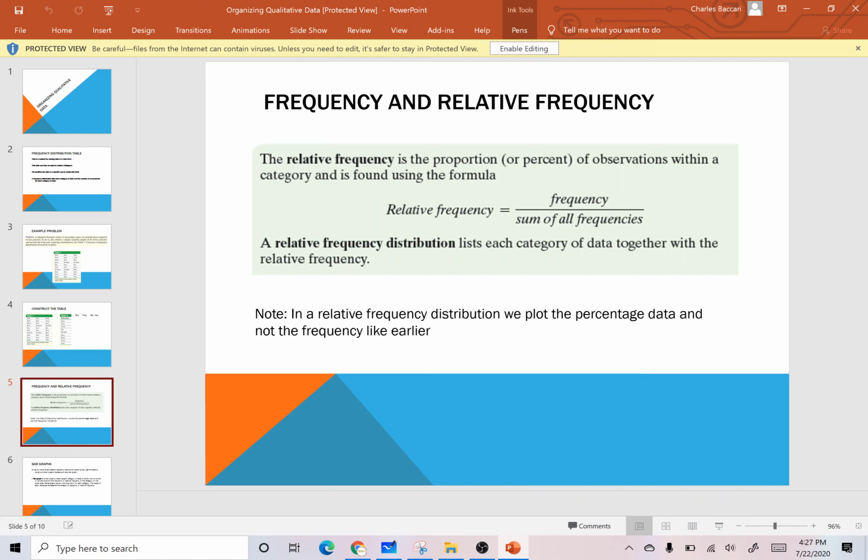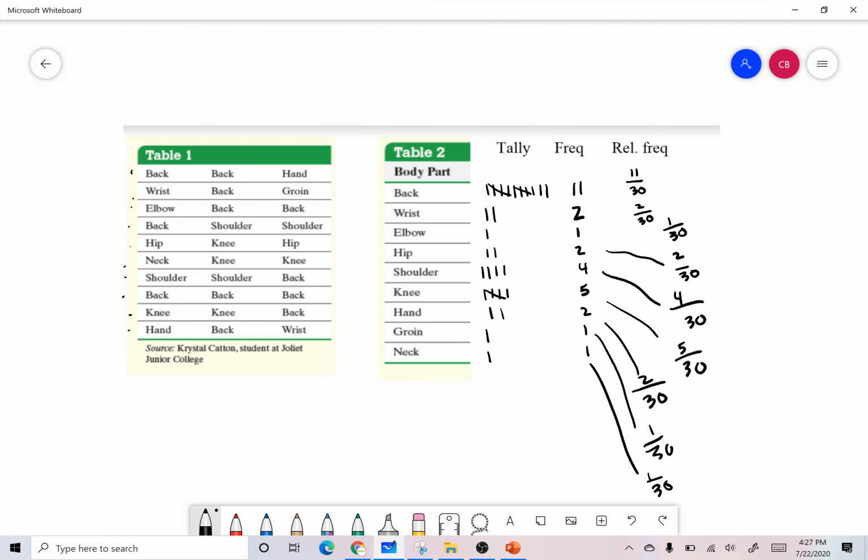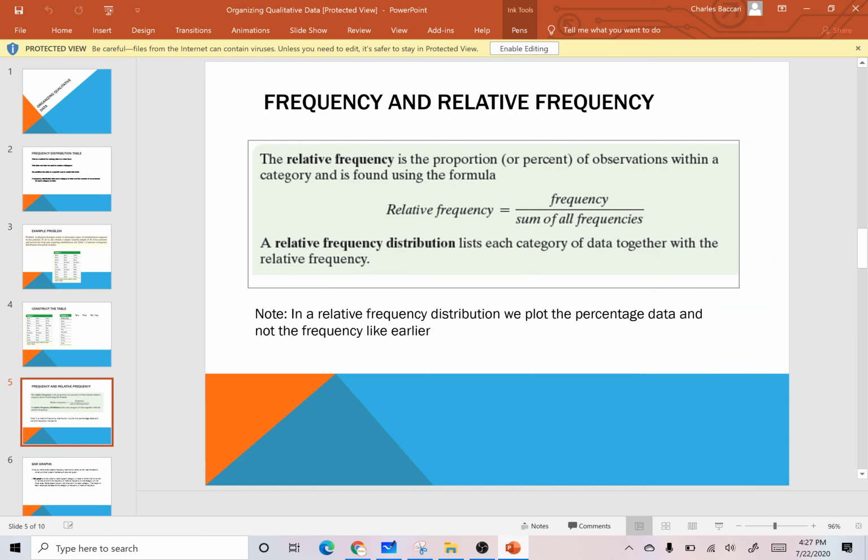And note, in a relative frequency distribution, we plot the percentage of data and not the frequency like earlier. So for the relative frequency, that's the bottom one, you're going to plot these ones as decimals, whereas for the frequency one, you'll do the actual frequencies themselves.